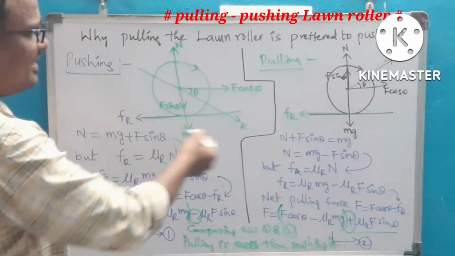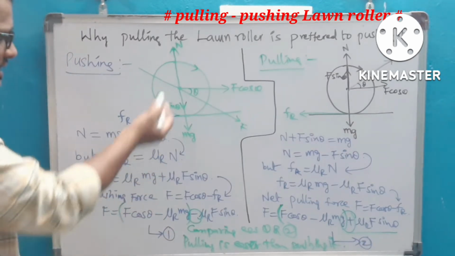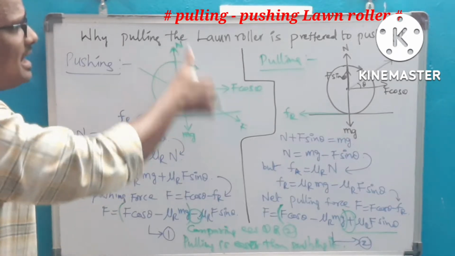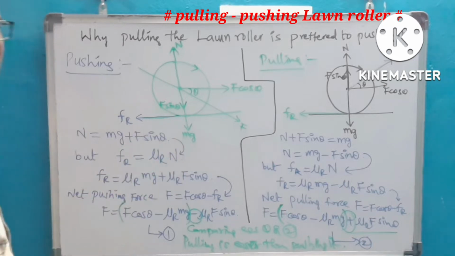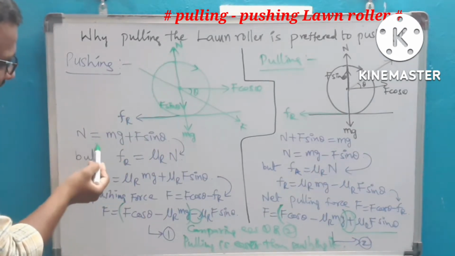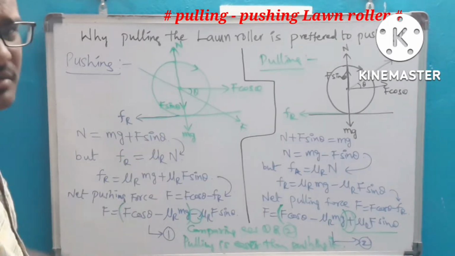So now, according to this diagram, we can write this equation. The normal reaction force acts in the upward direction, equal and opposite to mg plus F sin theta. So N equals mg plus F sin theta.